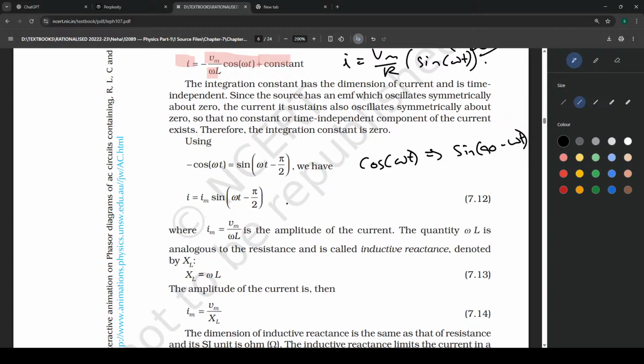Now since all trigonometric values in the first quadrant are positive, this will also be positive. But now there's a minus sign here that they are taking inside. We know that minus sine x equals sine of minus x.